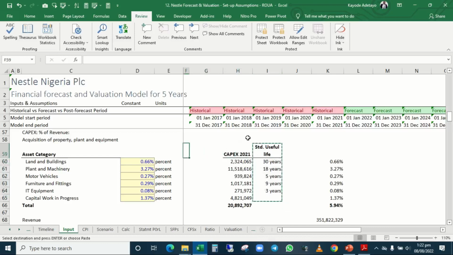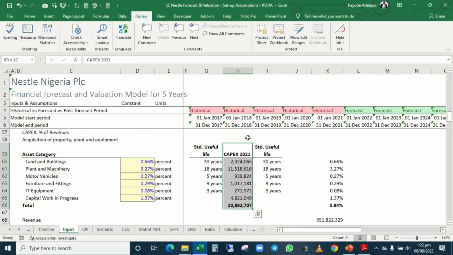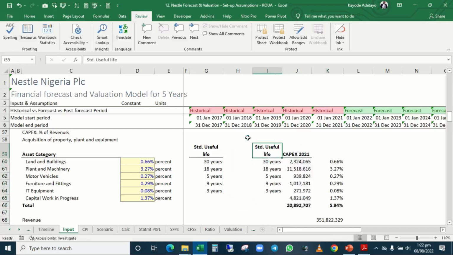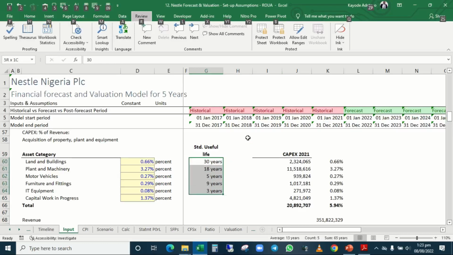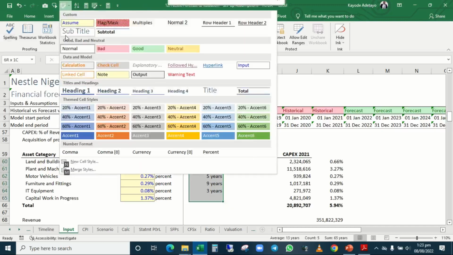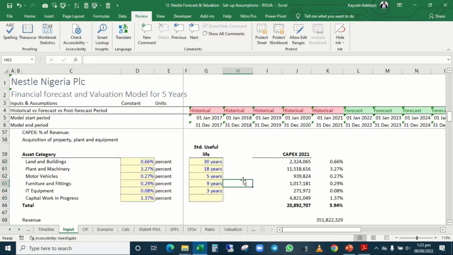I'll copy this and paste it here. Cut this, place it here. So this one can be deleted. These are inputs, part of our assumptions. So this percentage will be applied on revenue.